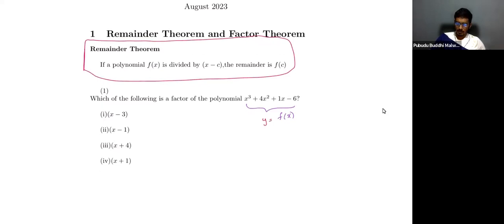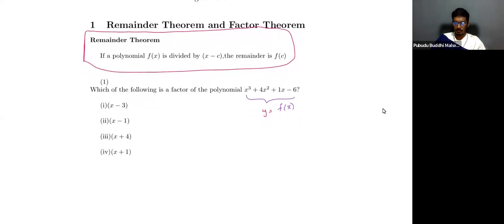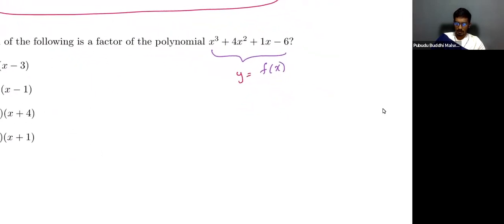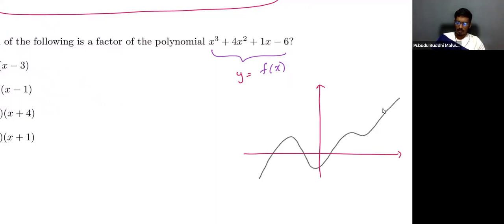So if I want to draw this curve, there can be x-intercepts, like this. Not the exact shape, just a random shape.